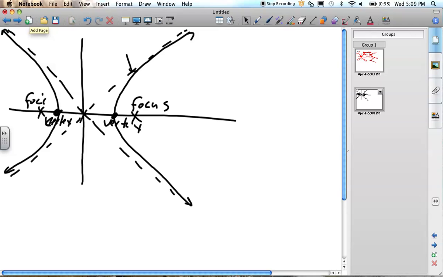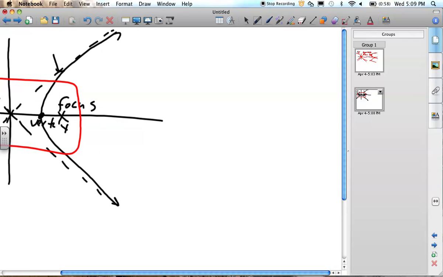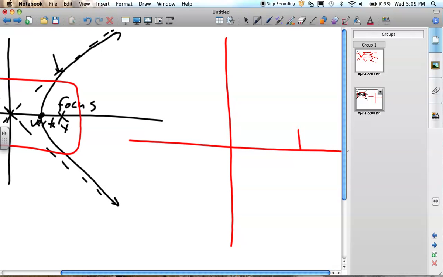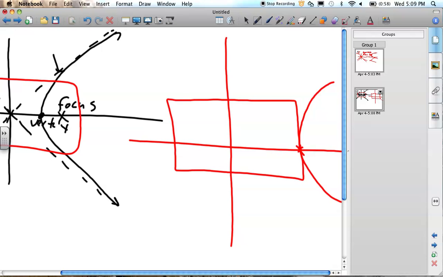Okay, now what I'm going to do is blow up this part of it right here. Here's a vertex. And here's a vertex. And our two foci are out here.